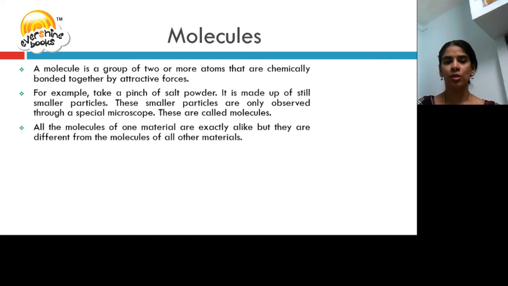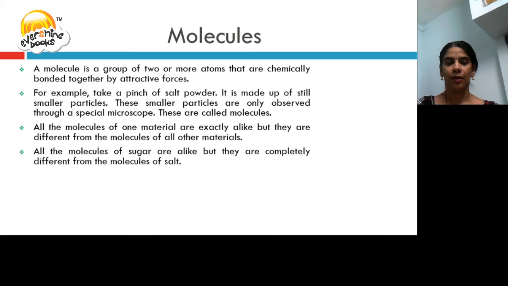All the molecules of one material are exactly alike, but they are different from the molecules of other materials. All the molecules of sugar are alike, but they are completely different from the molecules of salt. A molecule has all the properties of that particular material.